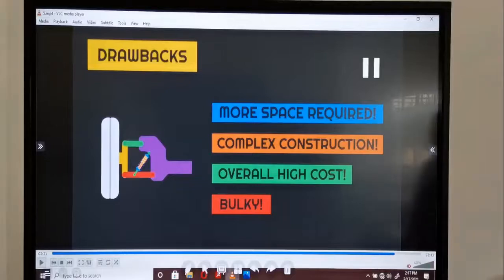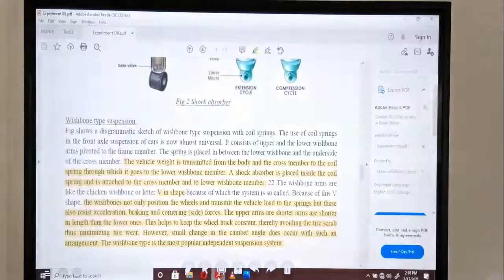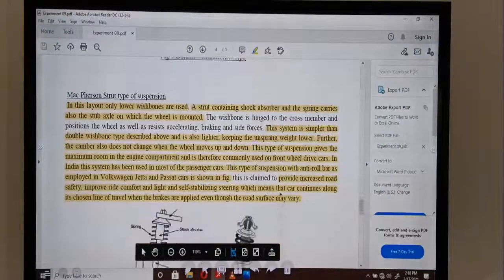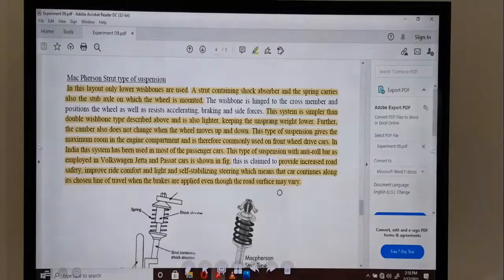This kind of suspension is very popular, mostly used in SUVs and high luxury vehicles. Next we study about the McPherson strut type of suspension.